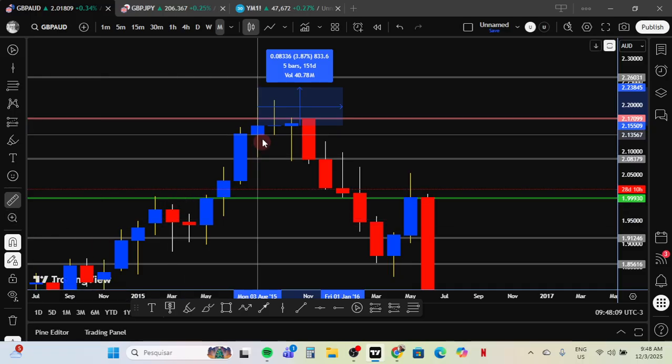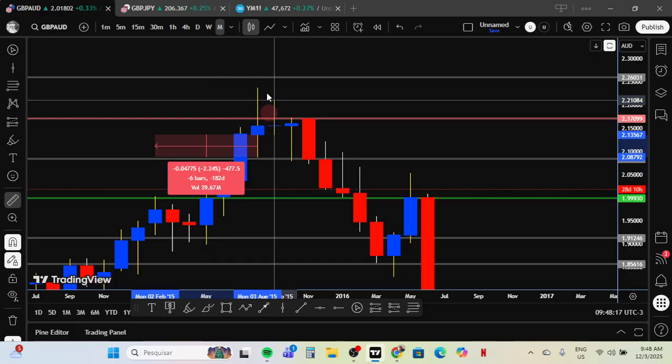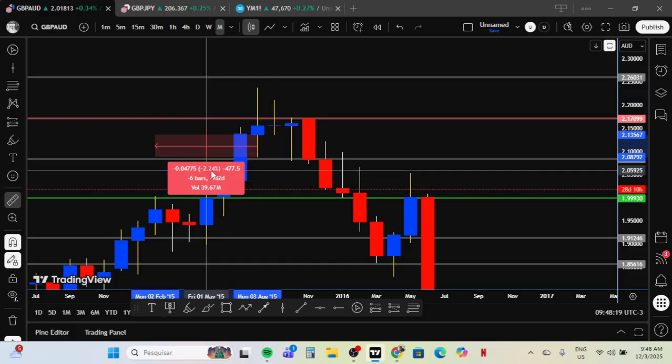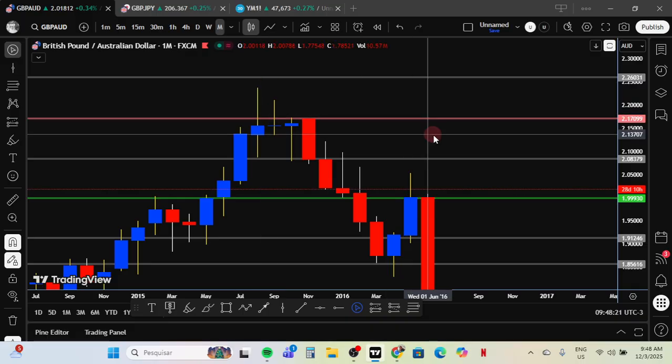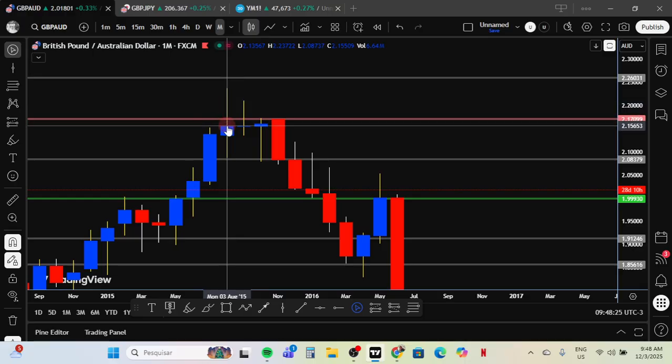And now if I measure the open to the low, right here, I'm seeing 2.24. So which means we have 3, we have 2. So we have more bearish pressure. We have more sellers pushing price down to this level than buyers pushing price all the way up right here.